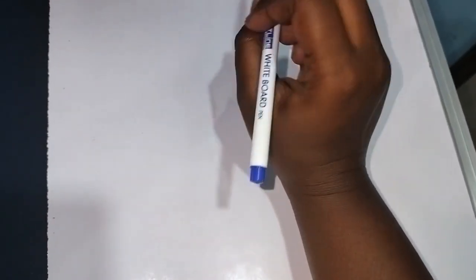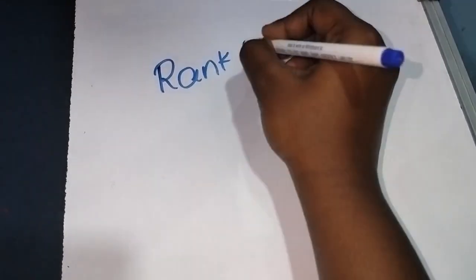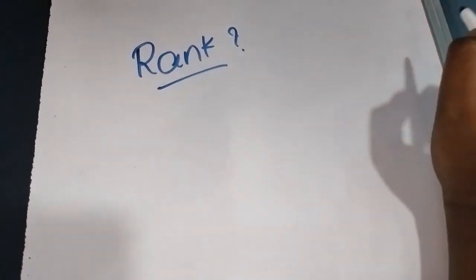Now we have learned all the concepts needed to find the rank of a matrix. How do we find the rank? It's a big question mark. But it is simple and easy.